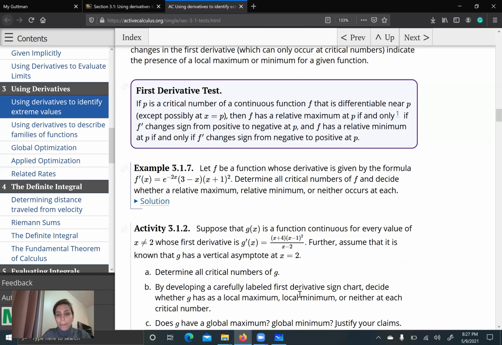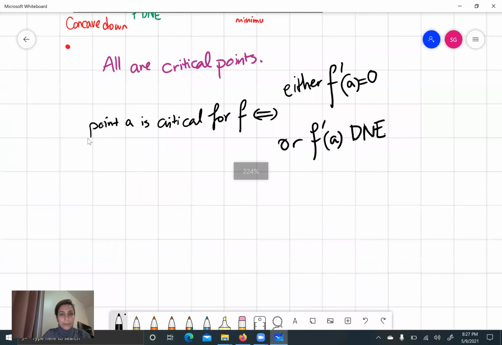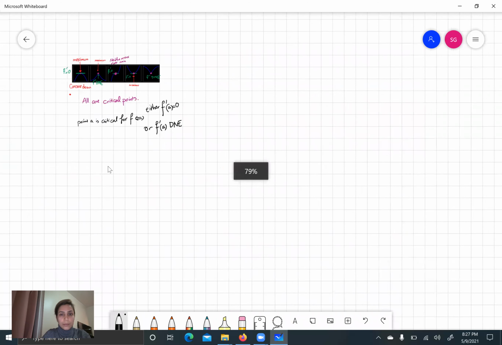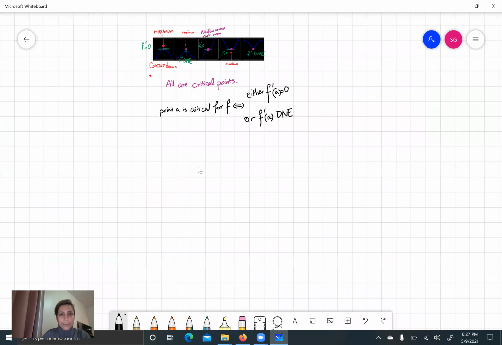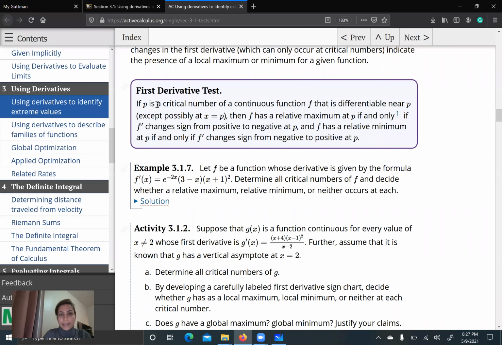Suppose you have this. Look, what does this test say? It says, suppose you have a critical point. So you know that the function at P has a critical point. Now, it is a local maximum if the derivative changes sign from positive to negative.